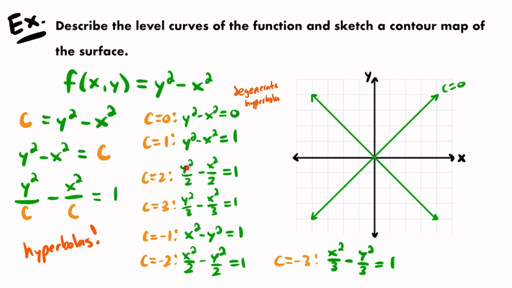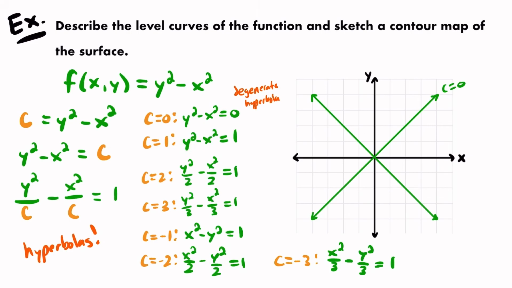But then let's move on to c equals 1. How do we graph y squared minus x squared equals 1? That is a hyperbola, specifically one that is directed along the y-axis because the y term is positive. If you don't remember how to graph your conic sections, you're going to get a quick little review here.